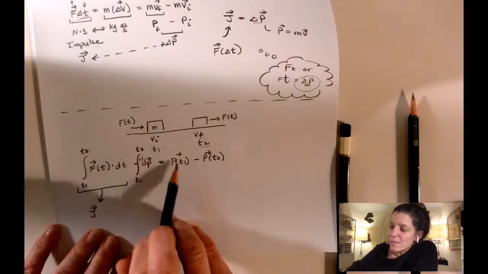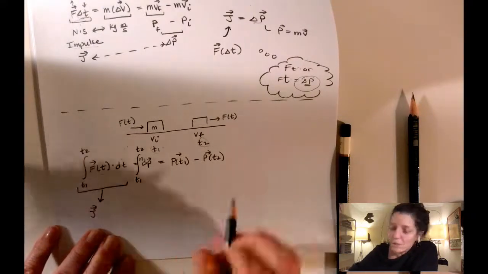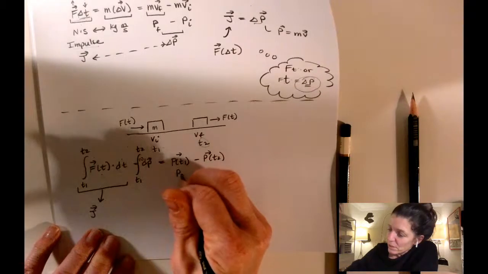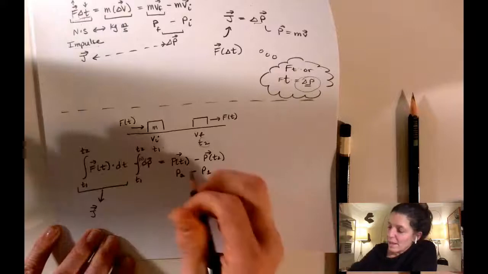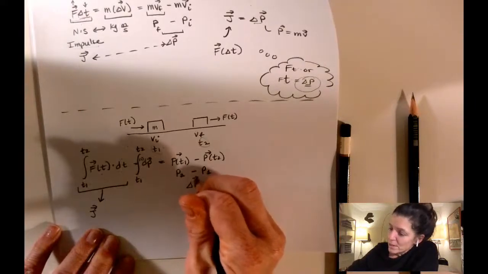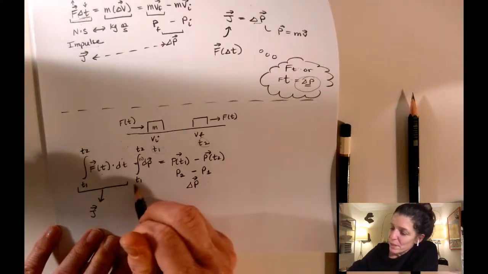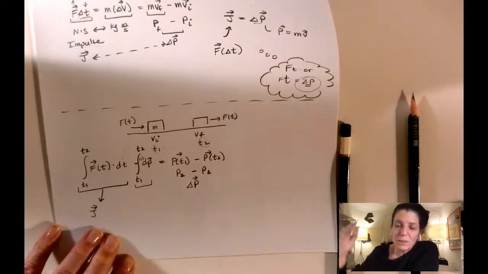That's just p2 minus p1, and that's just delta p. So the nice part is this integral of dp is just delta p. In the end, it's just the momentum at the end minus the momentum at the beginning.